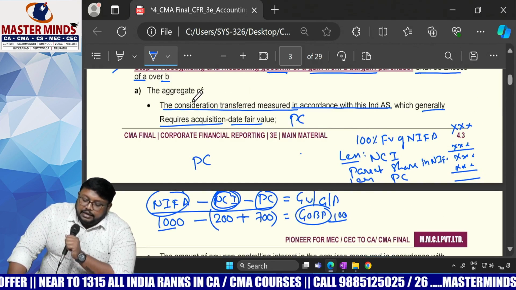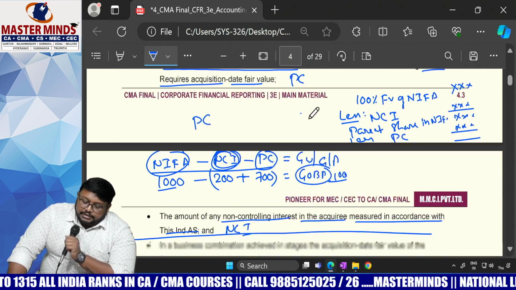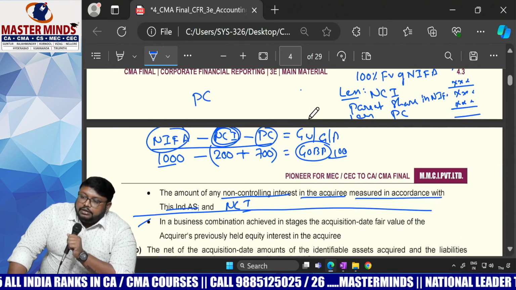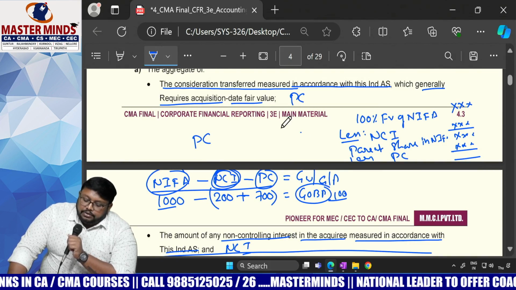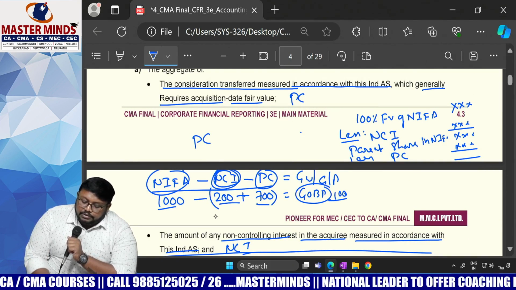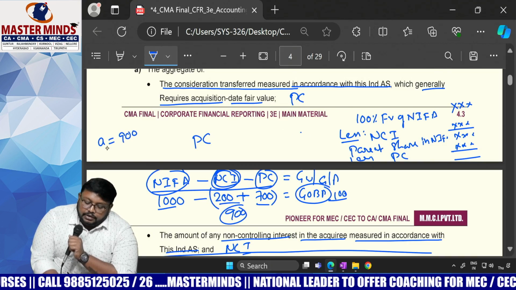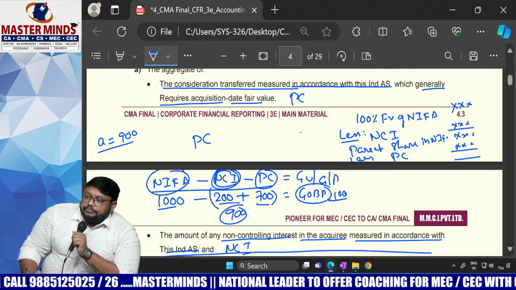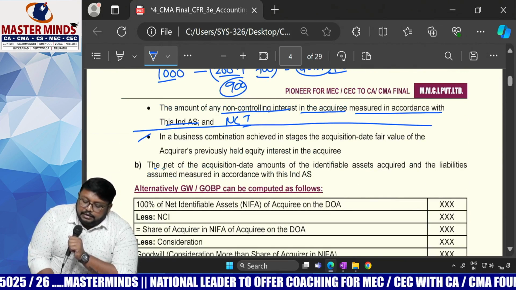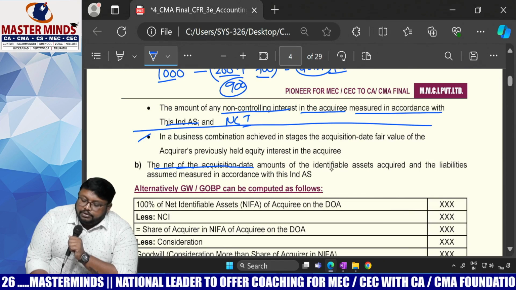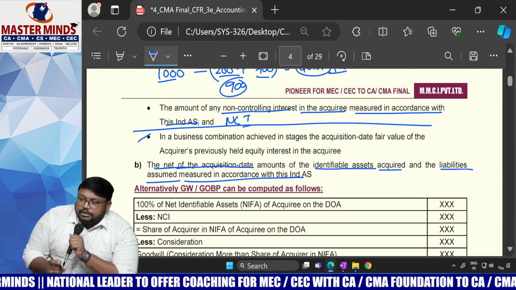First one, consideration transferred according to Ind AS, which is nothing but purchase consideration. What is the second point? Non-controlling interest. First you add both. Now how much amount do we get if you add both? 900. So A is 900. Now what about B? B is the net of acquisition date amounts of identifiable assets acquired and liabilities assumed, measured in accordance with Ind AS.